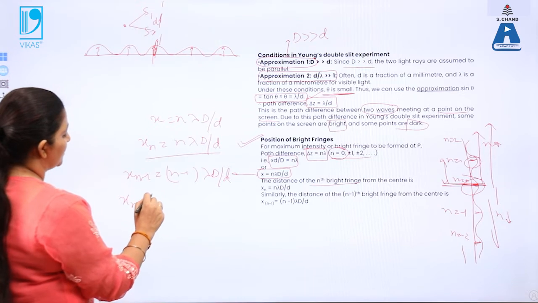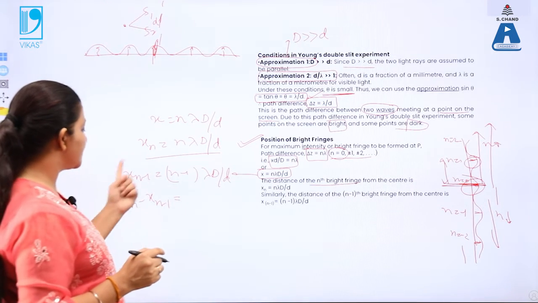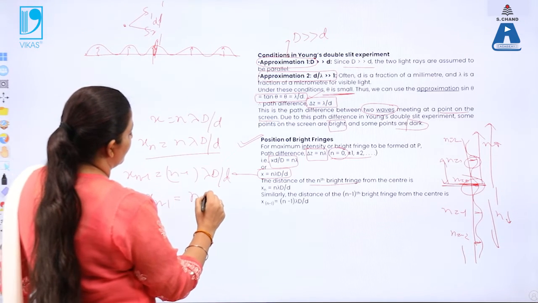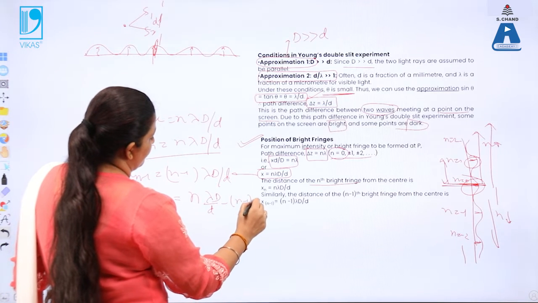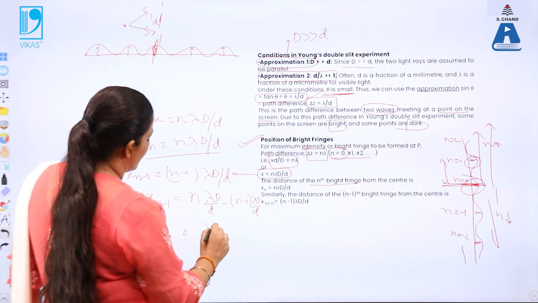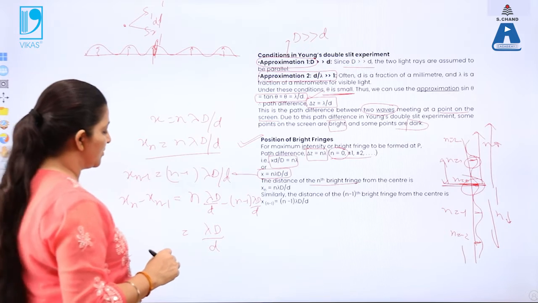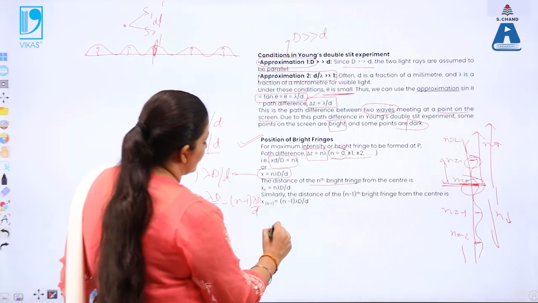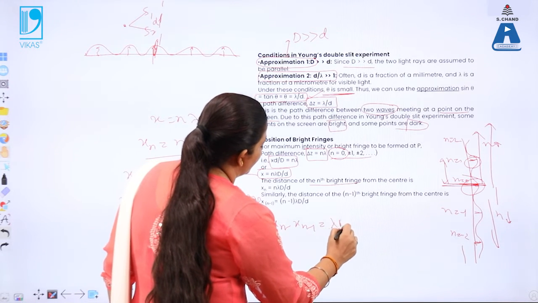Now the fringe width, or the distance between two maximas, we will get here lambda D by d. Now it does not depend upon n. So the distance between two maxima will always remain constant, equal to lambda D by d.